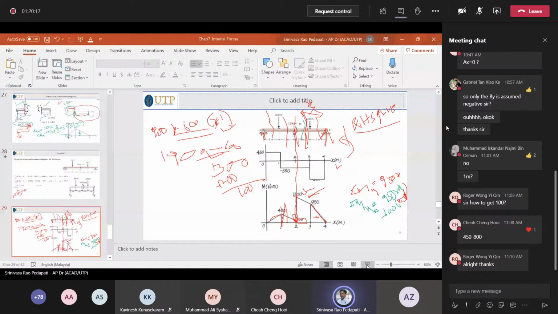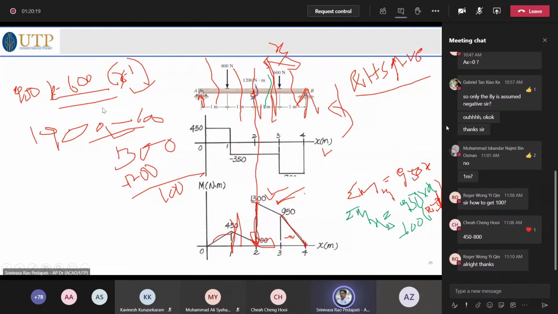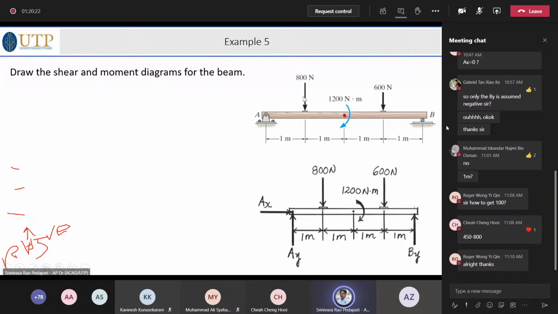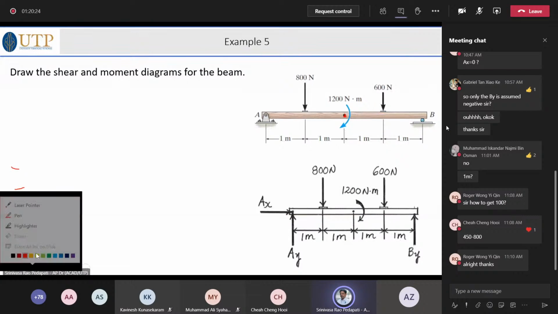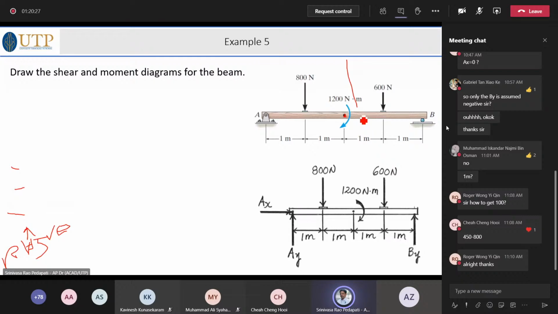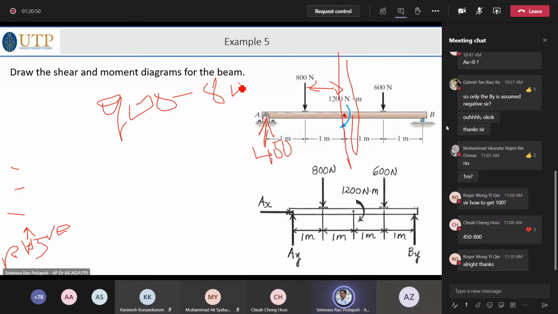You take the moments. For example, the one I show here, you take the moment at this point exactly. What is this vertical force? This vertical force is 450. 450 times 2 is 900, minus 800 into 1 meter. This is 1 meter, so 800. That is how you get 100.